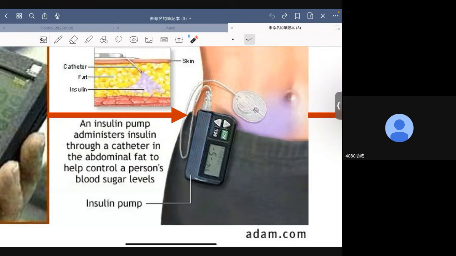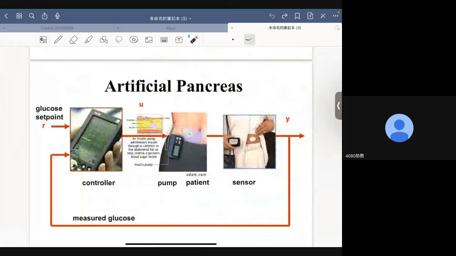The timing as well as the amount of insulin are determined by a control law, by a control algorithm designed by experts. So the idea is that this is the input, and by using a sensor to monitor the glucose level of my body, it will dynamically, adaptively, automatically inject insulin into my body to control my glucose.